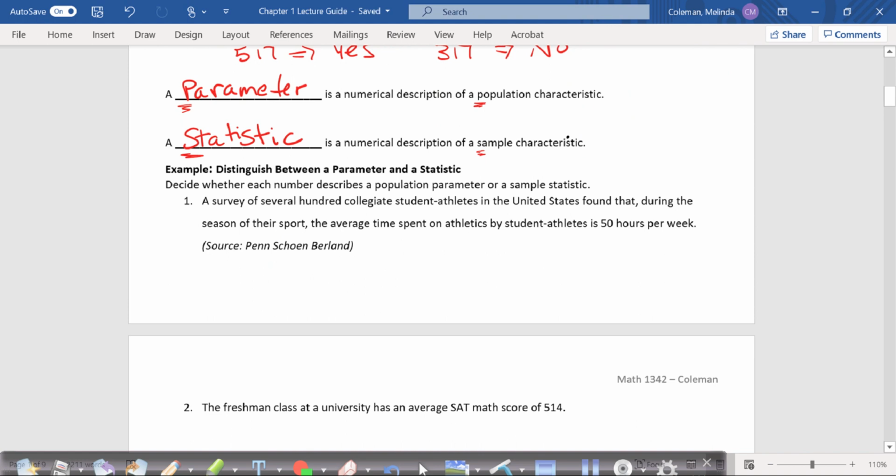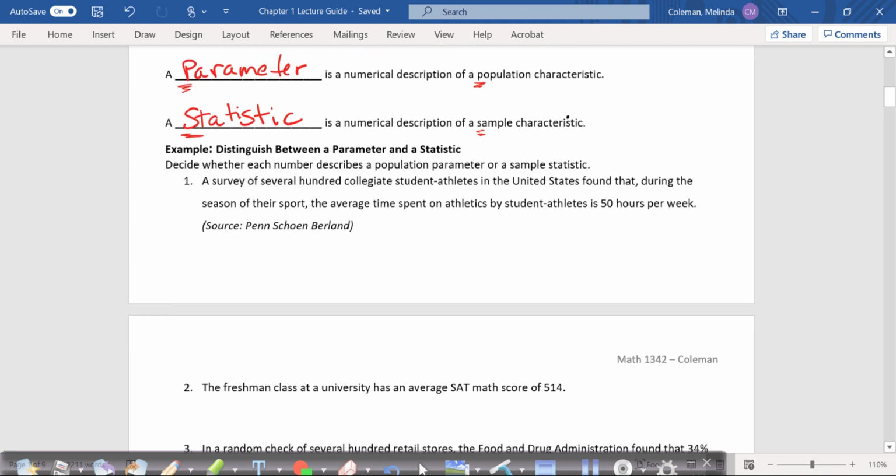The next example says, distinguish between whether it's a parameter or a statistic. Example 1: a survey of several hundred collegiate student athletes in the U.S. found that during the season of their sport, their average time spent on athletics by student athletes is 50 hours per week.